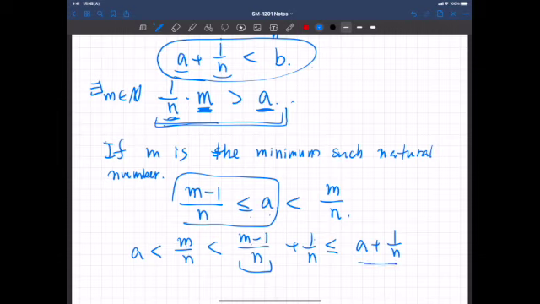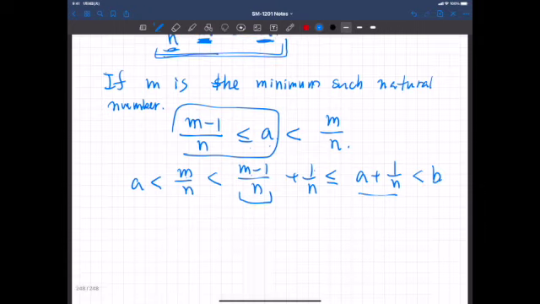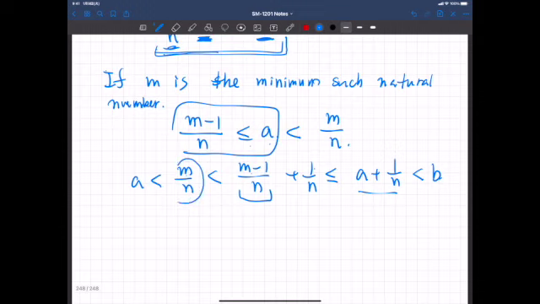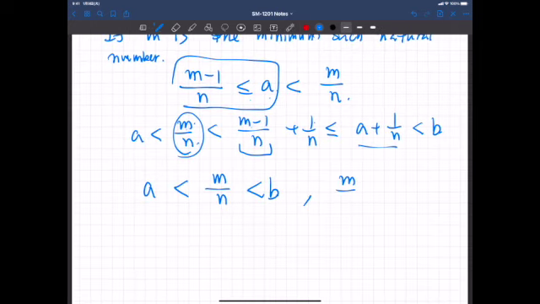Now we apply this one: a plus 1 over n is less than b. So after all, this m over n, which is a rational number, because m is a natural number and n is a natural number, lies between a and b. And m over n is a rational number. So that's what we are looking for. Okay, so this proof is done.